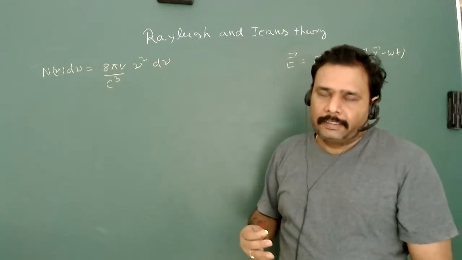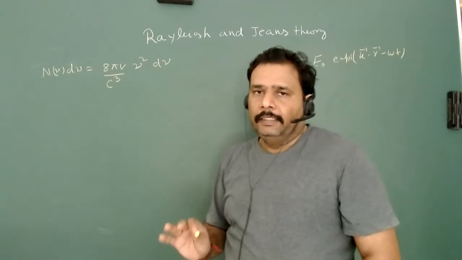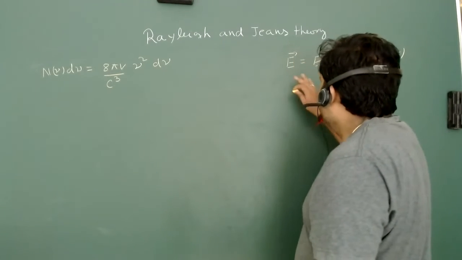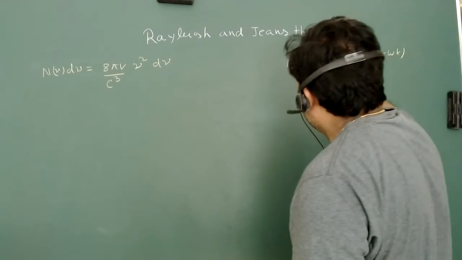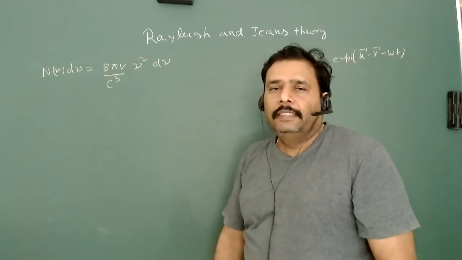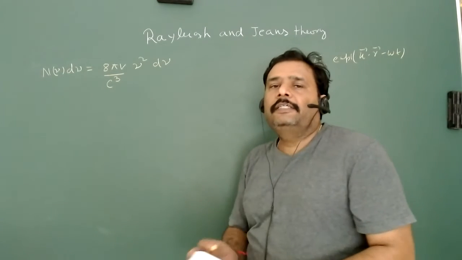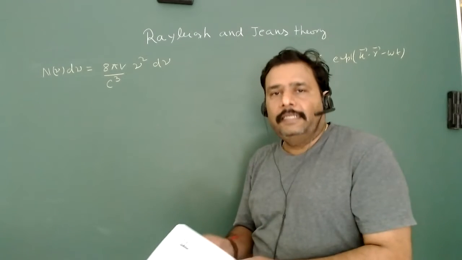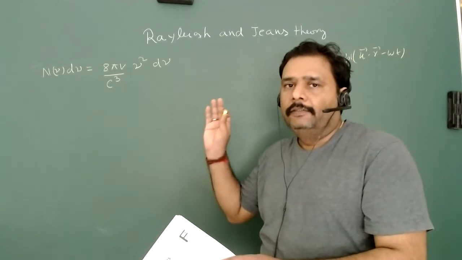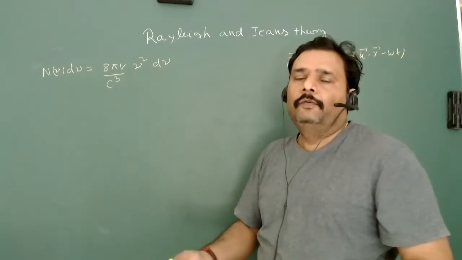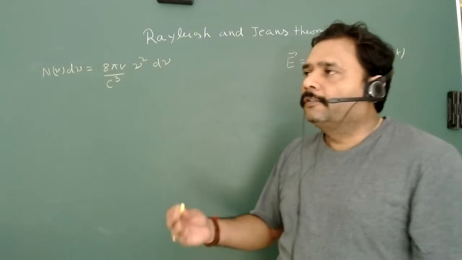So Rayleigh and Jeans proposed the theory that since this is equivalent to a harmonic oscillator, equivalent to a wave solution, the thermal energy associated with the harmonic oscillator will be equivalent to the energy associated with each mode.